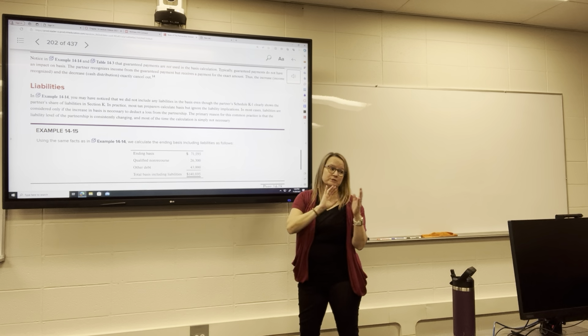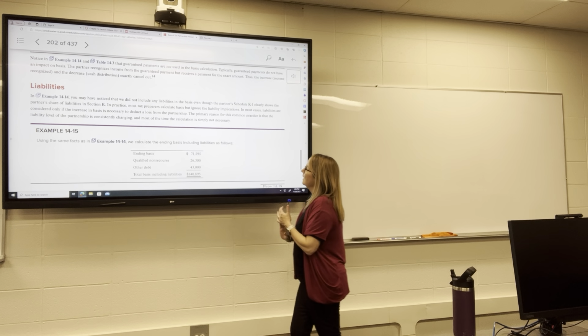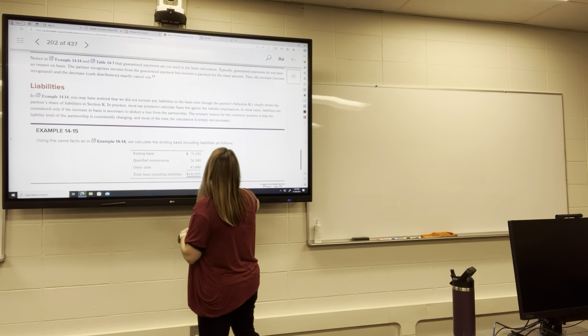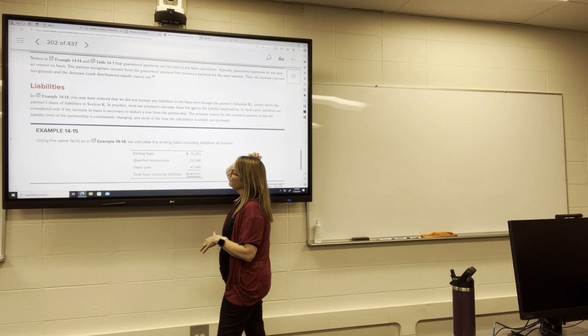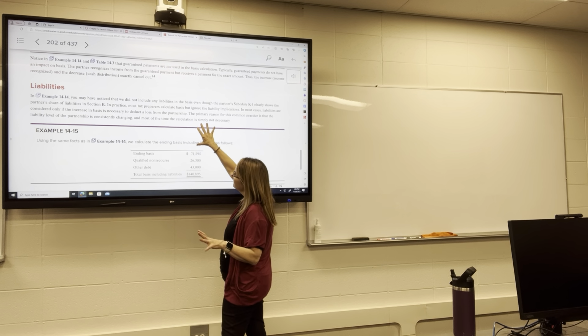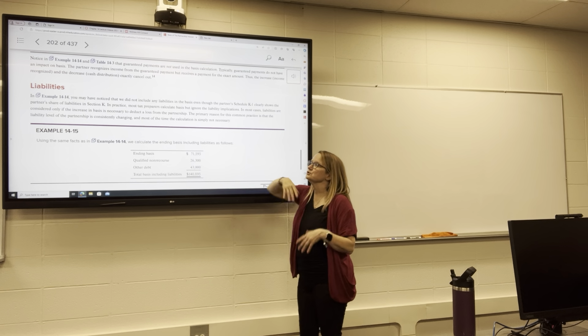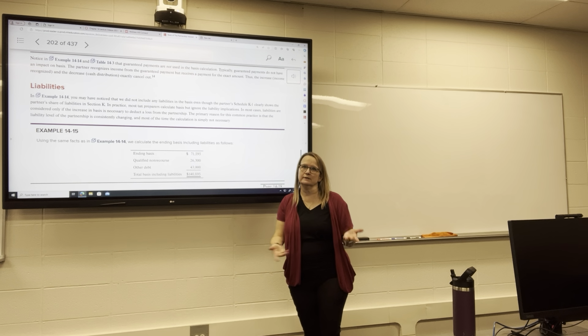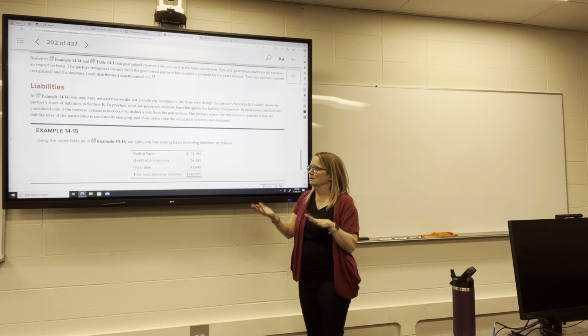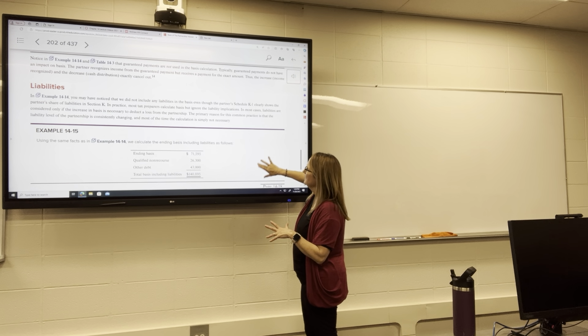So the liabilities we do at the end. The liability level of the partnership is consistently changing, because you're making monthly payments toward debt all the time.